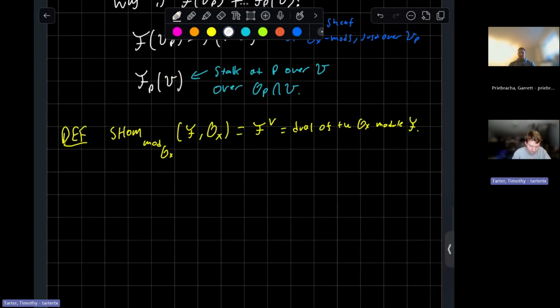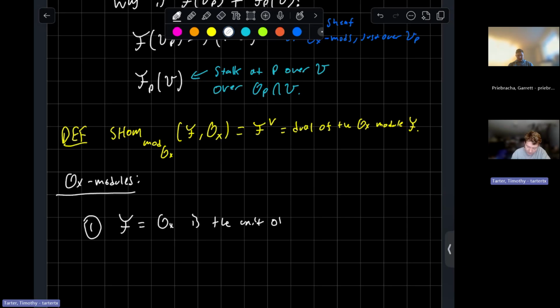Hold on. So F equal to OX is a unit object in OX mod as a category.